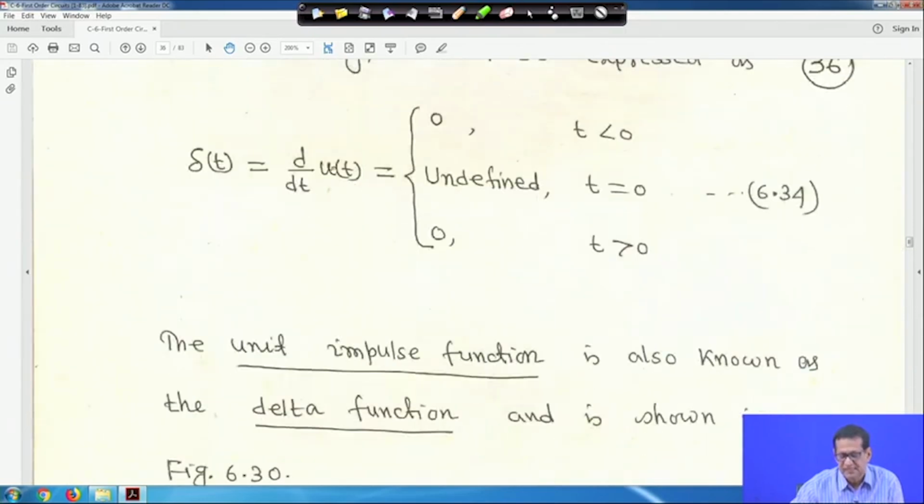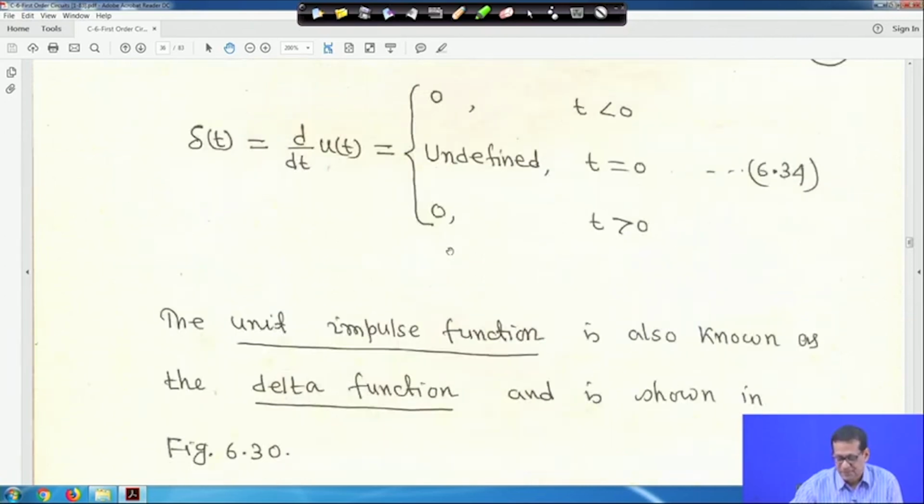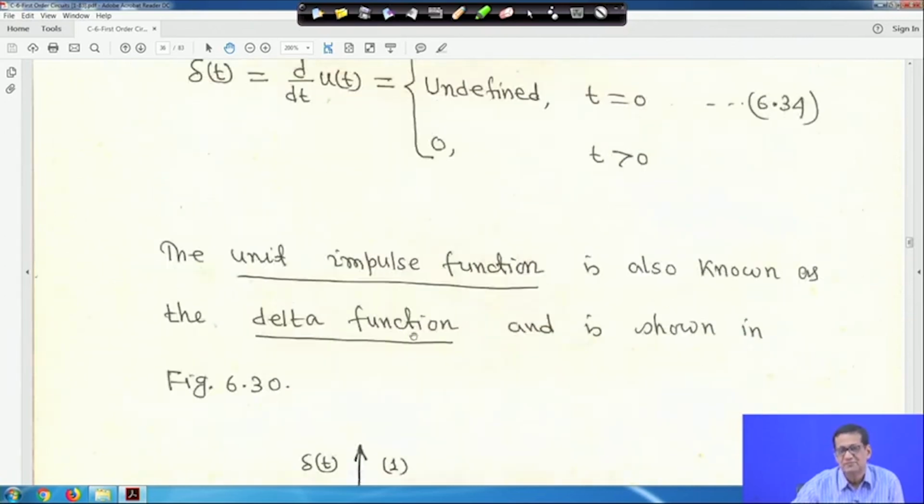So delta(t) is equal to d/dt of u(t). It is equal to 0 for t less than 0, at t equal to 0 it is undefined, and for t greater than 0 again it is 0. This is the definition of the unit impulse function. It is also sometimes called the delta function.